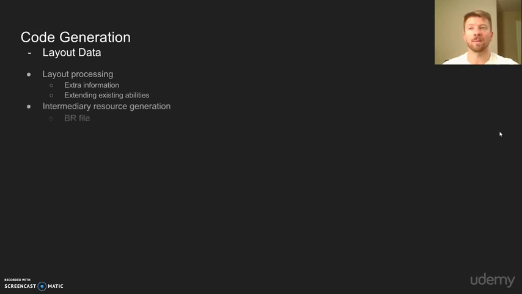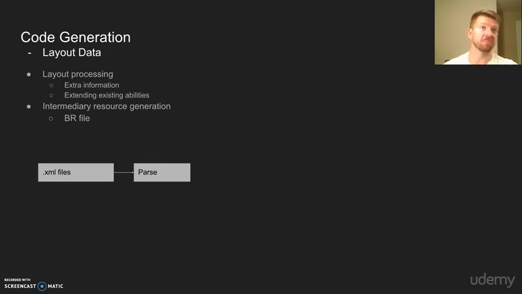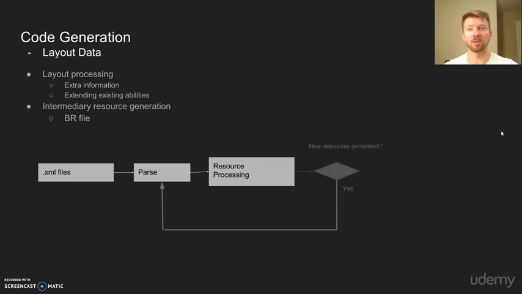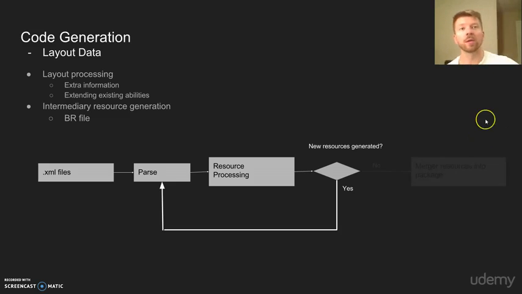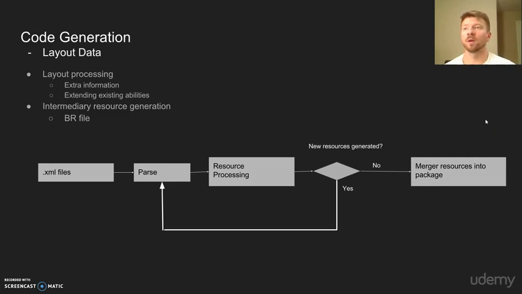And again, there is a processing step that grabs XML files, parses them, then extracts certain information, and if some new resources have been generated, then we do this cycle again. If not, we continue. And we're done. The compilation is done.